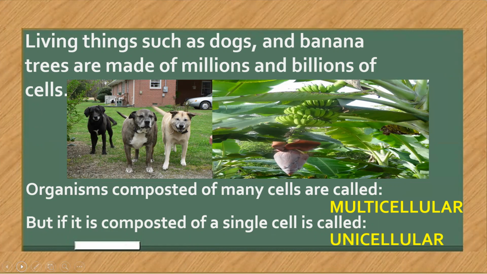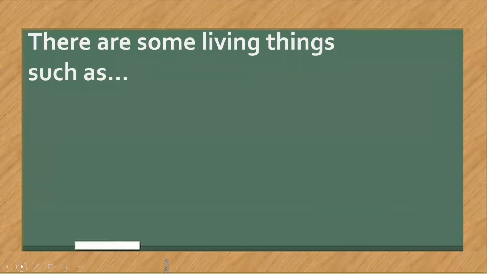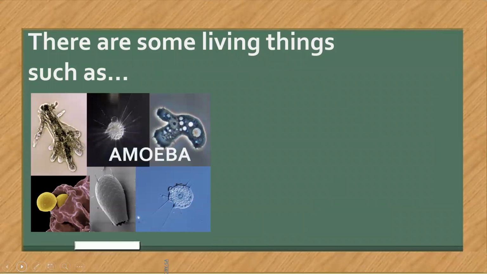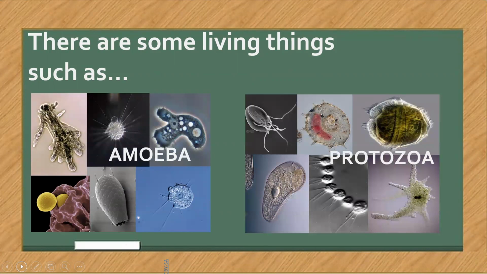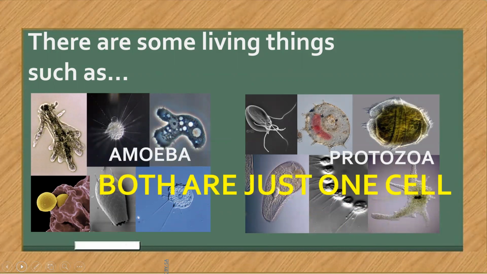Then the other one, a single cell, is called unicellular. Another thing, there are some living things such as amoeba, protozoa. Both are just one cell.